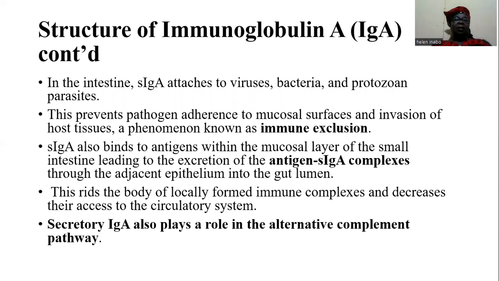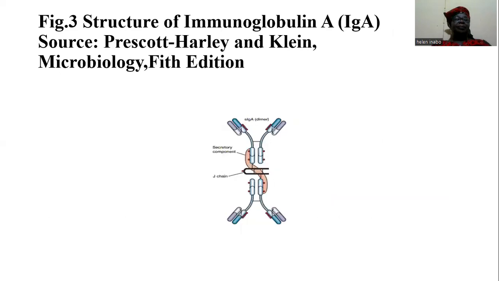This helps to get rid of locally formed immune complexes and decreases their access to the circulatory system. Secretory IgA plays a role in the alternative complement pathway.